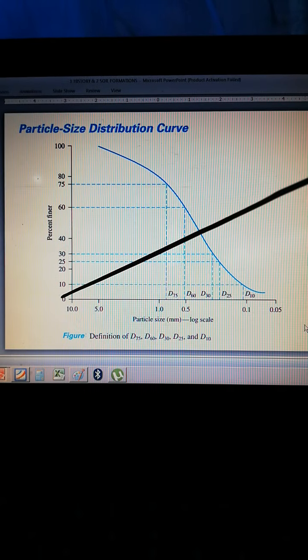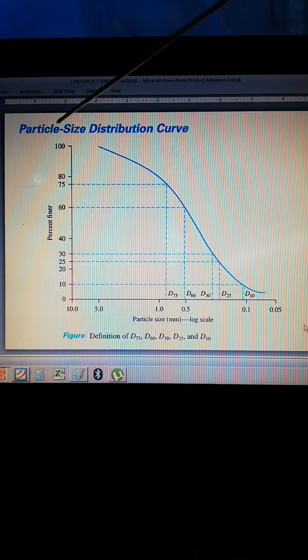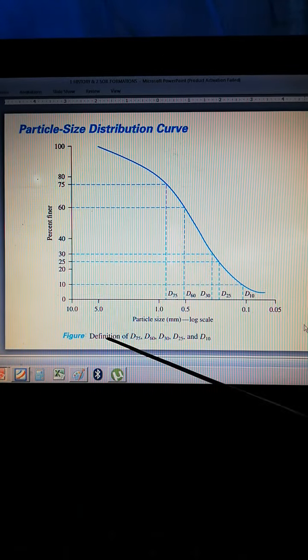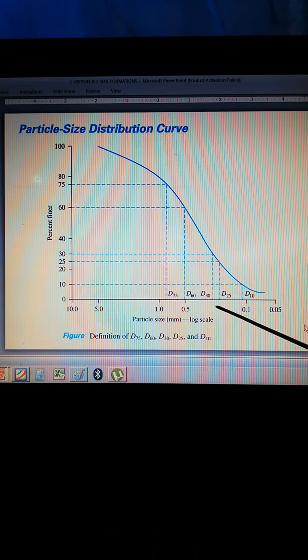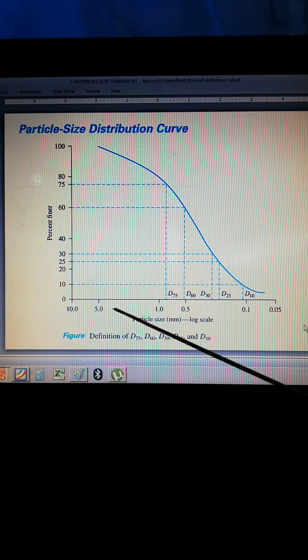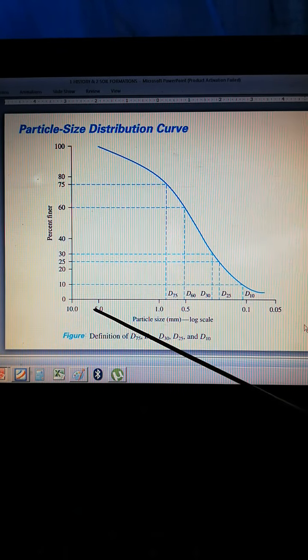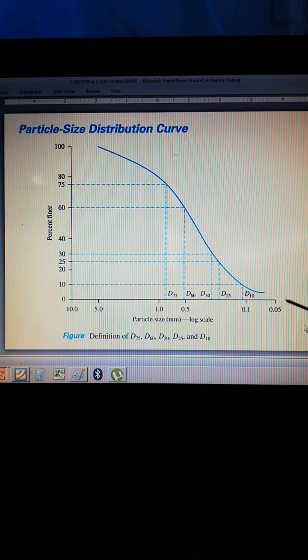Of course, you have the 0 at the intersection of the ordinate and the abscissa, then going up. But on this side here, you have the 10, and take note that it is decreasing in size, decreasing in number and the calibration. You have the 10 mm, the 5, so the opening is decreasing up to the 0.05.